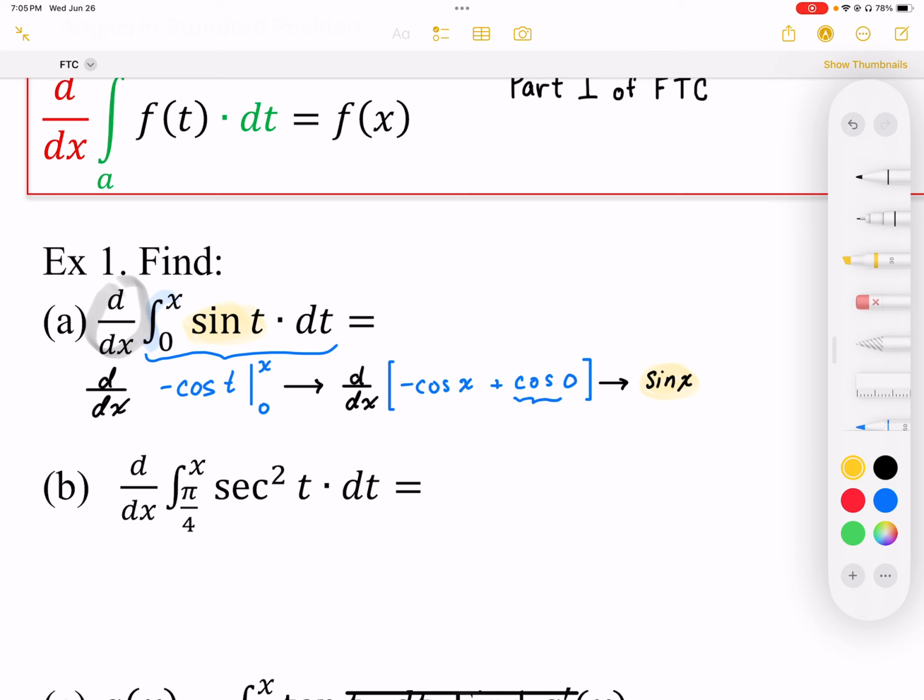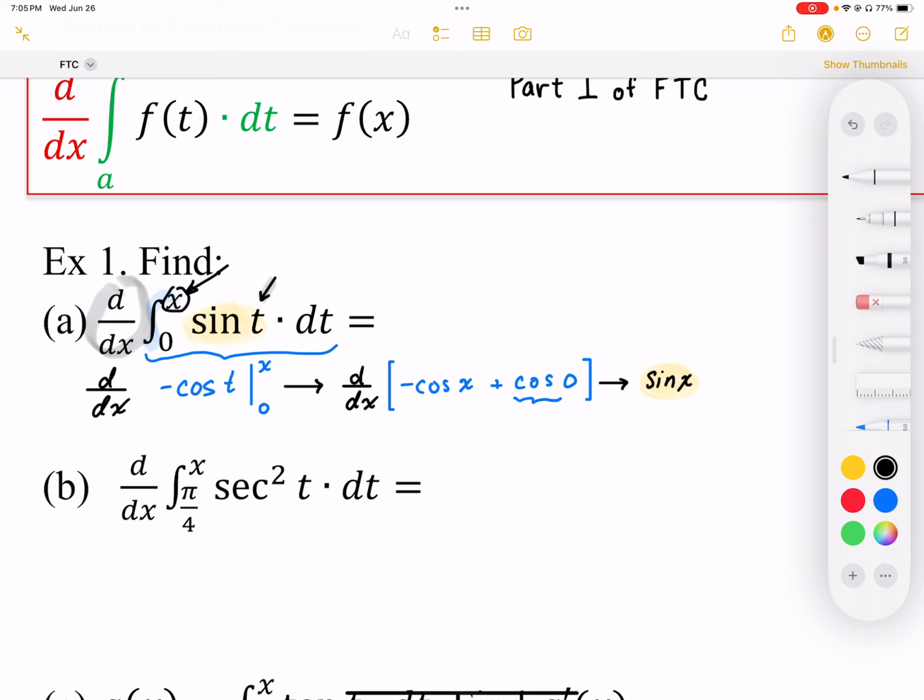Again, as I integrate and differentiate, I end up back where I started. Now, there is this issue of the t here, and really we use this variable t instead of x so that we're not going to conflict with the bound variable of x. So that's why there's a t and a dt here.